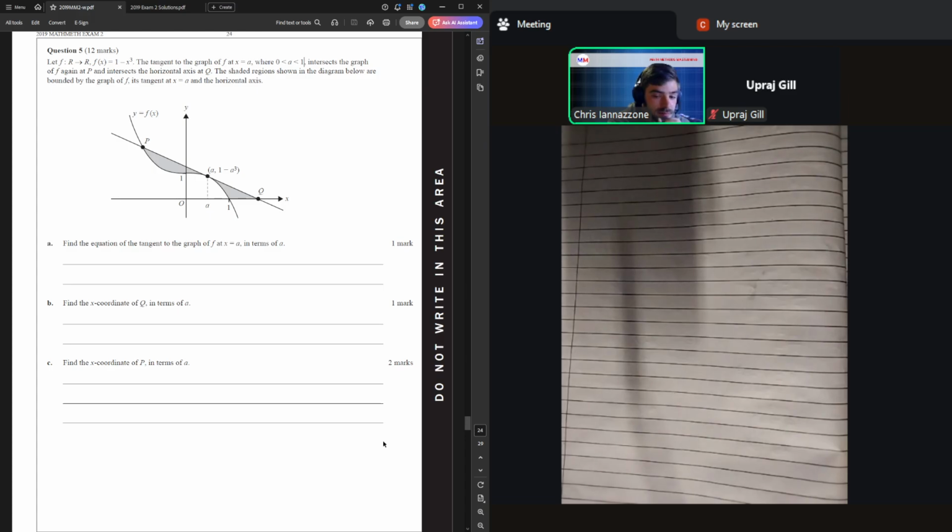Reminder, this is tech active, so you don't necessarily have to solve the whole tangent line by hand. There is a function that can help you out with that a lot.